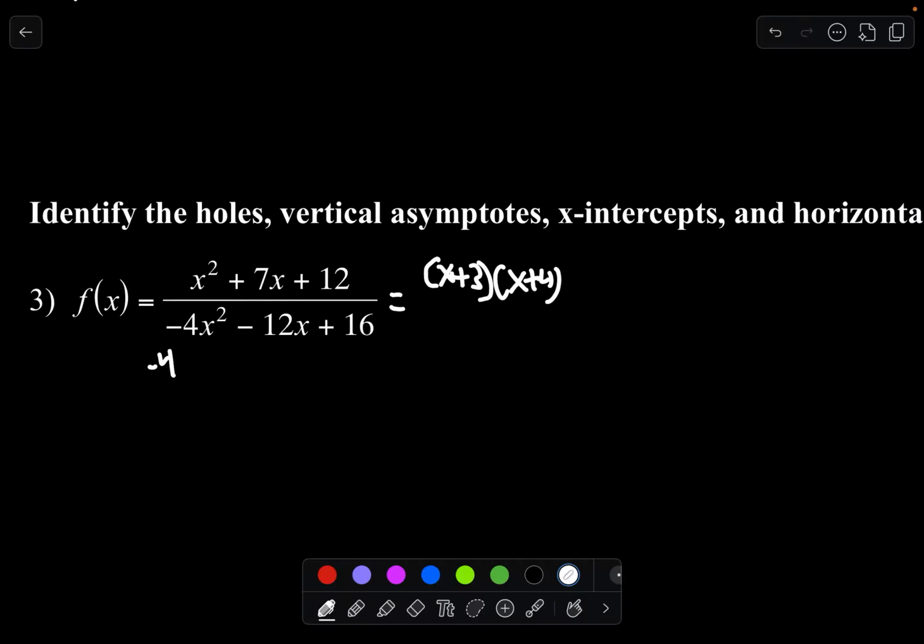On the bottom, you pull out the -4 because that's a constant. That's a GCF. And we have this. Then factor the parentheses. We still have the -4. What multiplies to -4 but adds to 3? That'll be x plus 4, x minus 1. So we get this.